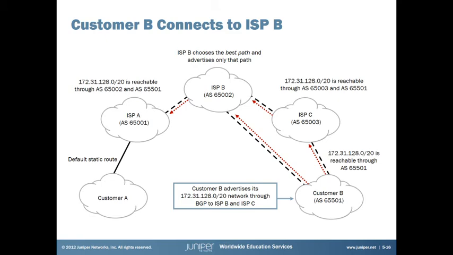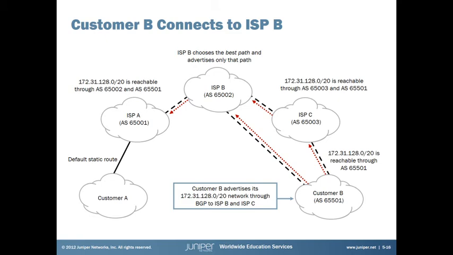So ISP-B then has to choose the best path to customer B, and it chooses the path with the least number of autonomous systems in the path. So it will choose the route that is advertised directly by customer B, and it will ignore the route that it receives from ISP-C.